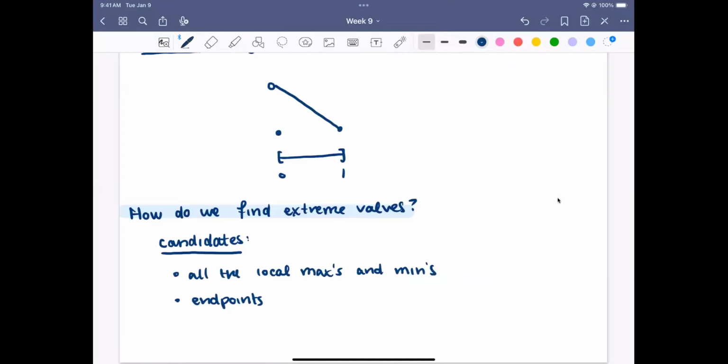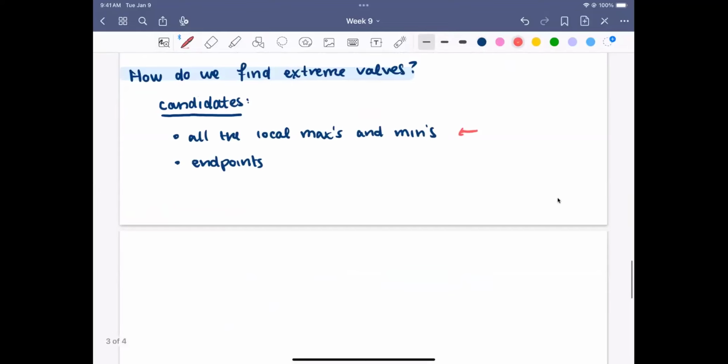And I think at this point, it might not be clear how to actually find these. There's a theorem that will help us with this, and this is called Fermat's theorem. Not to be confused with Fermat's last theorem, which is a famous math problem, but this is just Fermat's theorem.